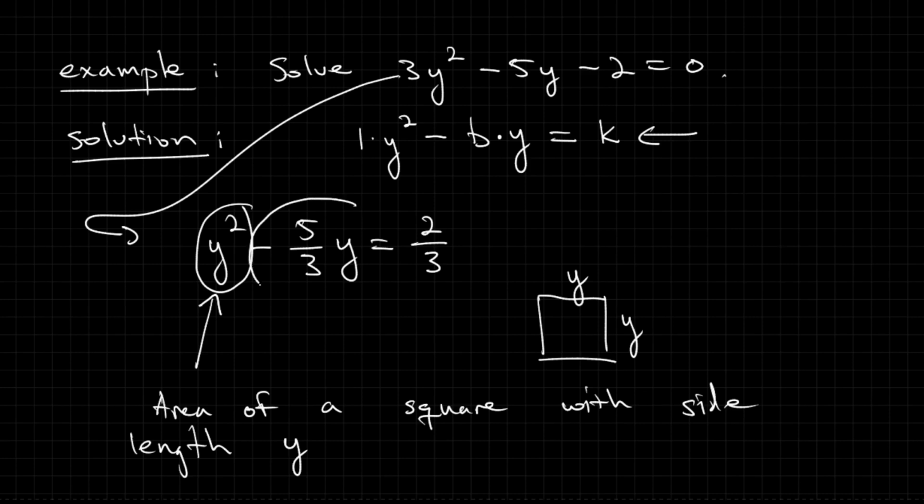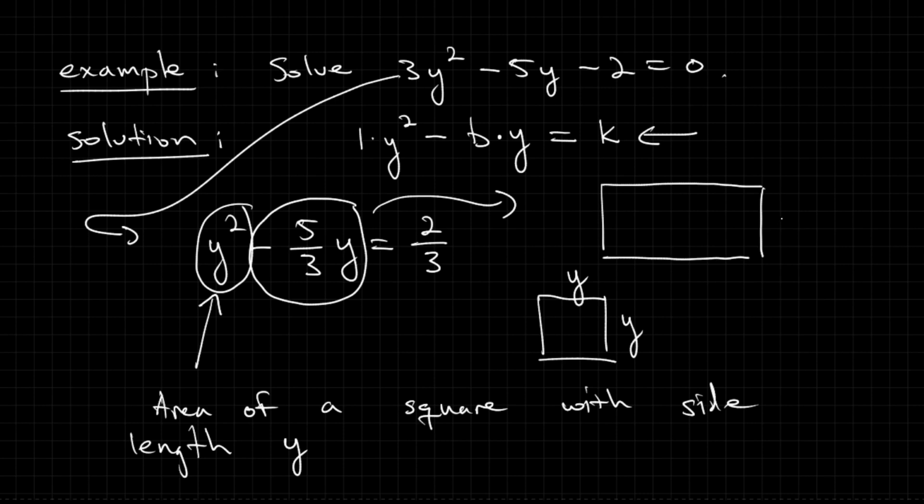Now, this next term, minus 5/3 y, is the area of a rectangle, and the rectangle would have one length equal to y and the other one negative 5/3. And I understand it's a bit odd to have a negative length for a rectangle, but it turns out that that won't give us any problems later on. Just accept that it's a bit strange and let's work from there.